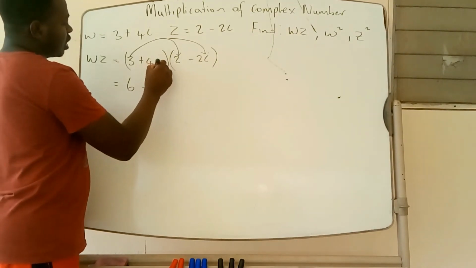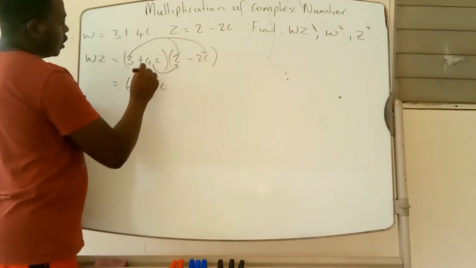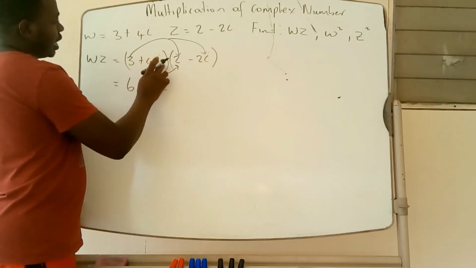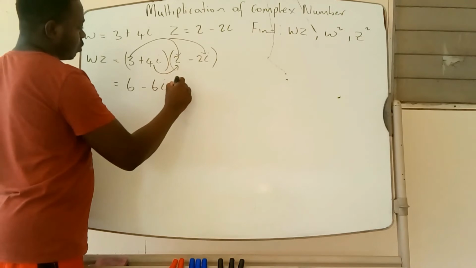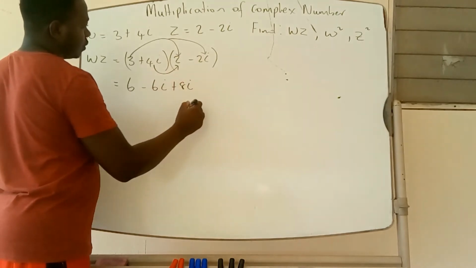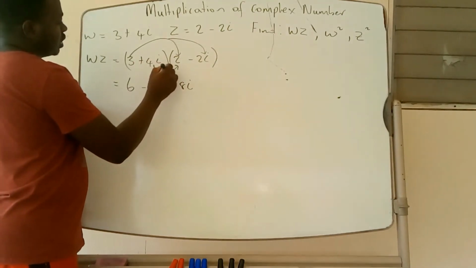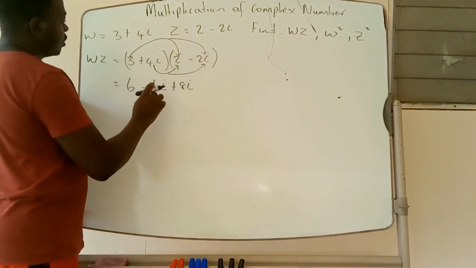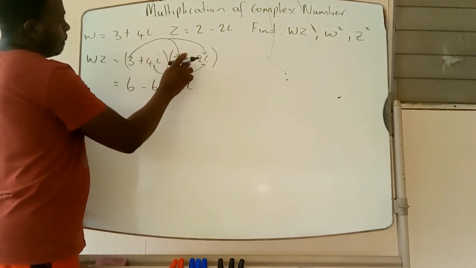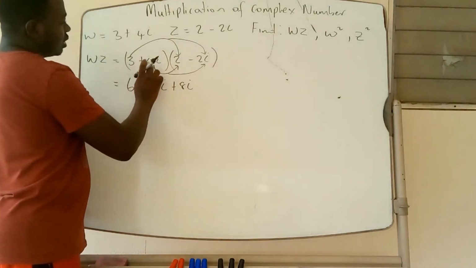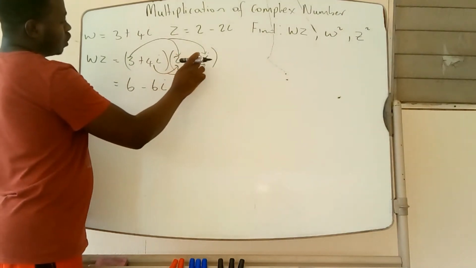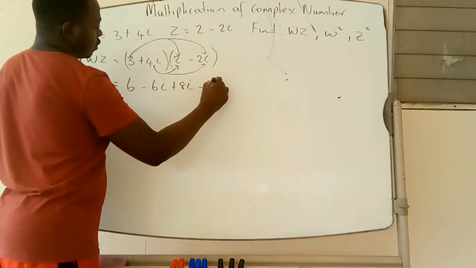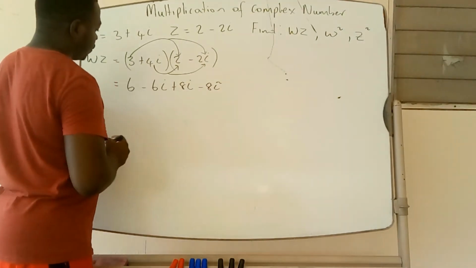We're going to take the second term to multiply the first term. So positive 4i times 2 gives us positive 8i. Then we are going to take the second term to multiply the last term here. So 4i times minus 2i gives us a minus 8i squared.